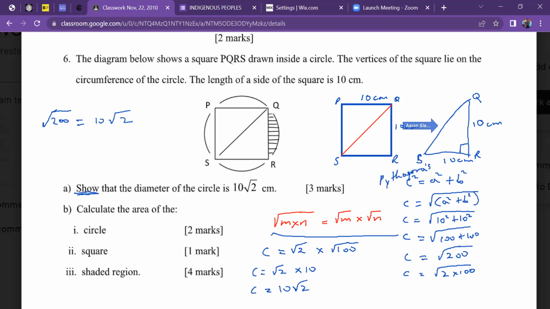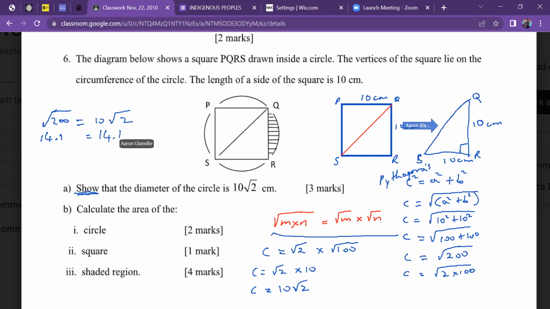Which is 20, I think it's 20 point something. No, the square root of 2 is 1 point something. So the square root of 200 would be 14.1, and this is also equal to 14.1.